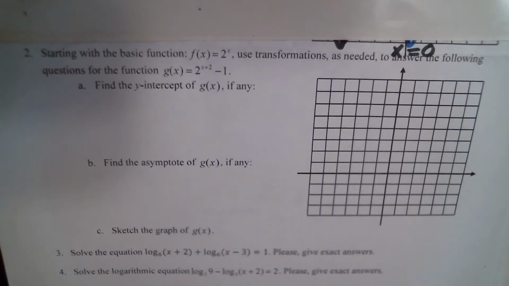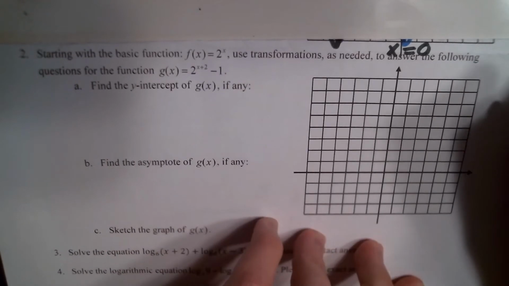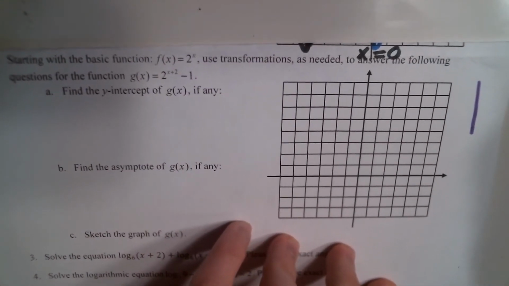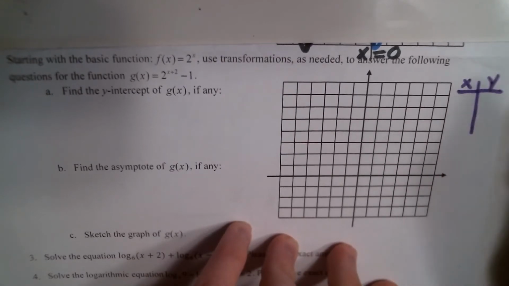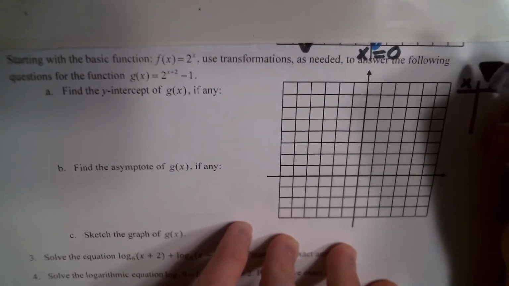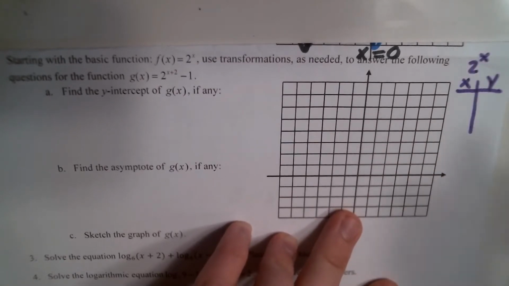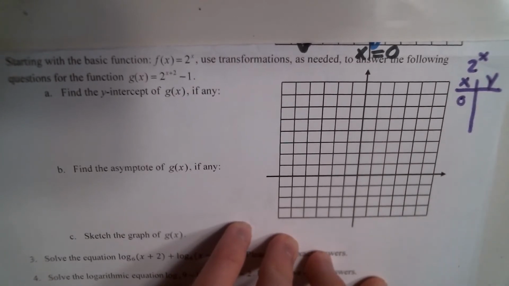So 2 to the x. If I plug in some numbers for x and y, this is for the graph 2 to the x. When I plug in 0 for x, what do I get?